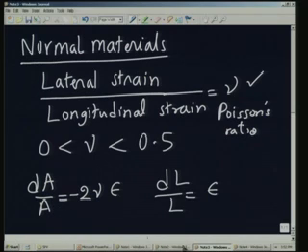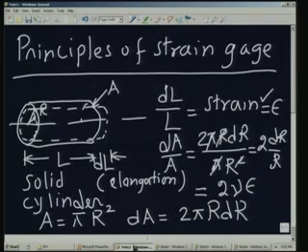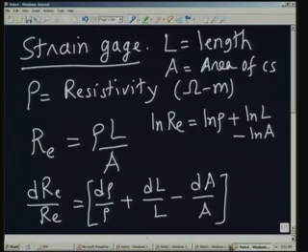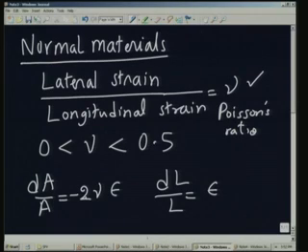You will appreciate that if you go back, you will see here that dL by L is positive, dA will be negative. We saw that here, minus dL by L. So, that has to be introduced, and therefore, dA by A is equal to minus 2 nu epsilon, dL by L is epsilon.